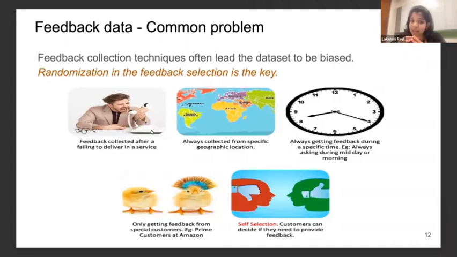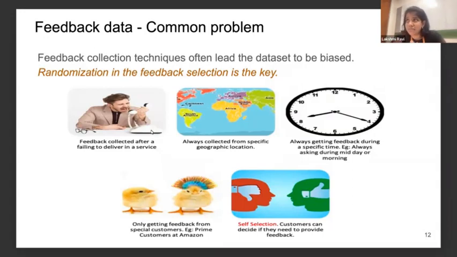They will try to build a feedback pipeline that collects feedback from only a very specific set of customers, like only from a specific geographic location, because it is easier to do the design that way, as it requires some confidentiality design. And only getting feedback from a specific time of the day, because they will say we can't keep the feedback loop running all throughout the day, so let's keep it only from one time to another.